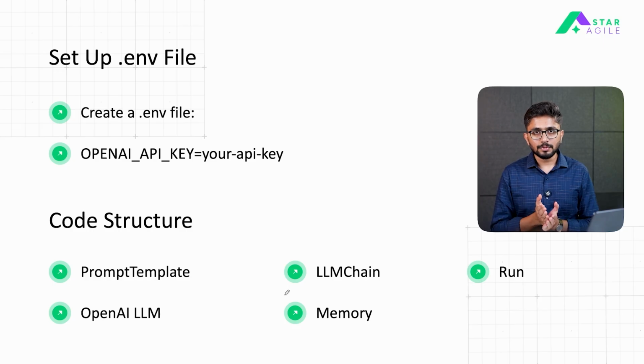The second core component of LangChain are LLM chains themselves. We'll create some chains today in this demo as well in a later part of this video, wherein we'll show you how easy it is to define chains using LangChain's framework. The third is its integrations with other third-party vendors.